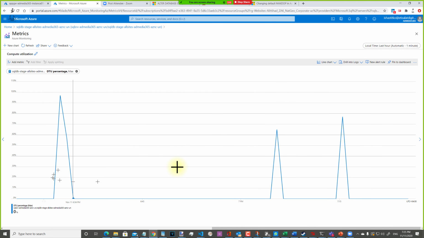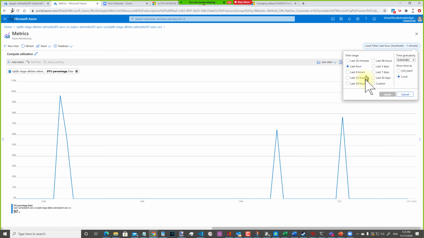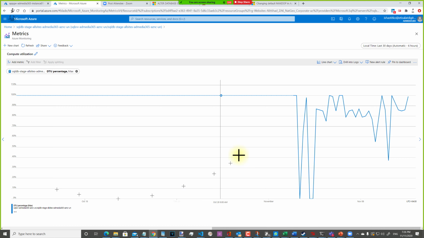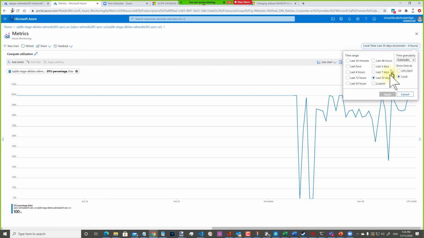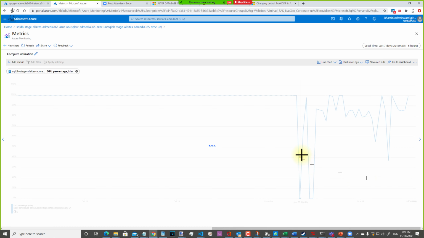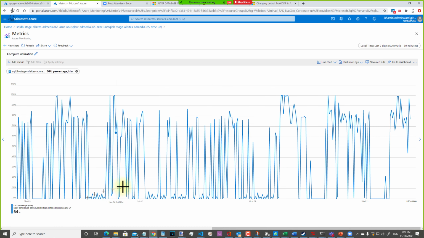So you see there are some spikes in the last hour, but if you look at one day, this is how we optimized the database, which is why it dropped in November.